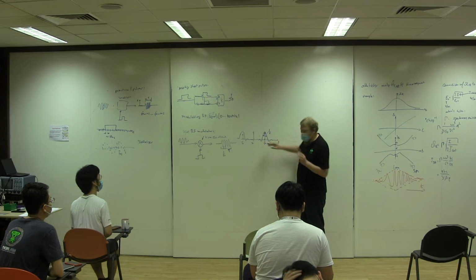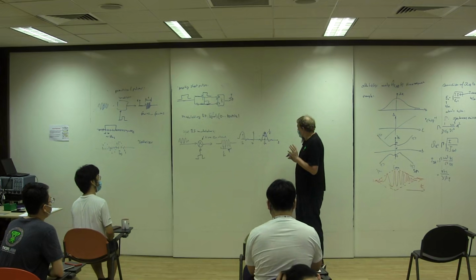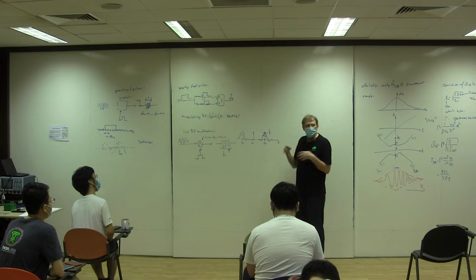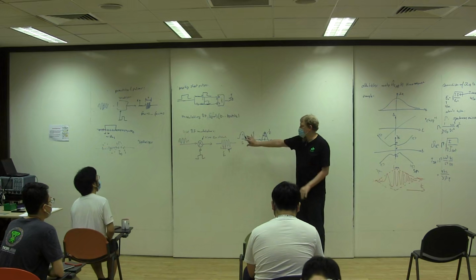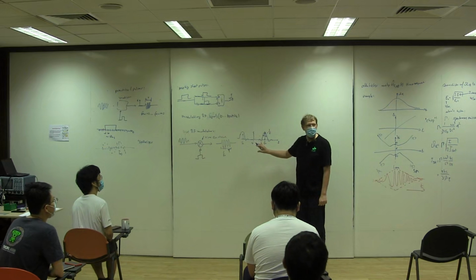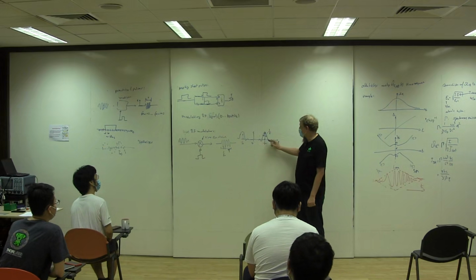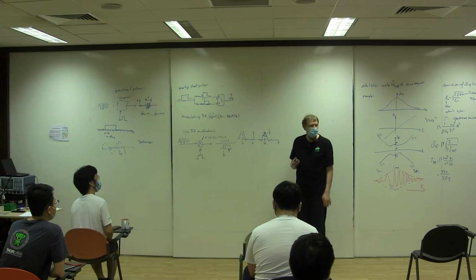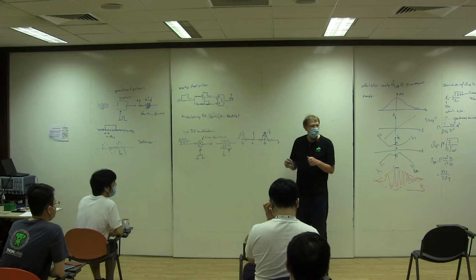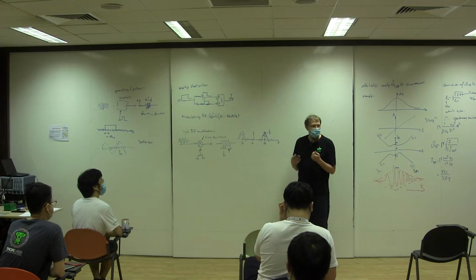Now, why am I drawing this? If you have any frequency-dependent components in your path that have different amplitudes for this part or that part of the spectrum of the pulse, you may just deform your pulse.